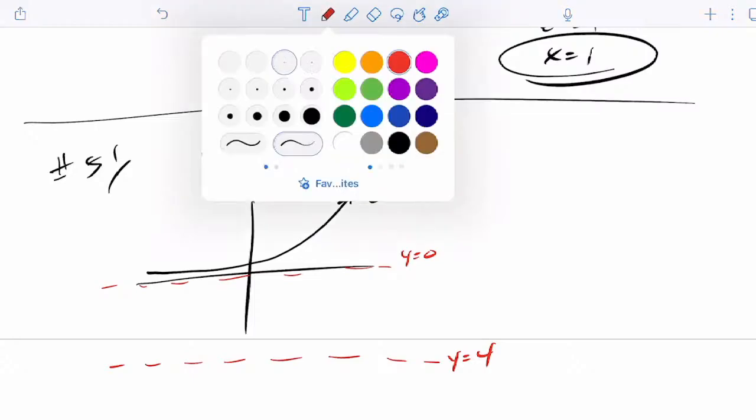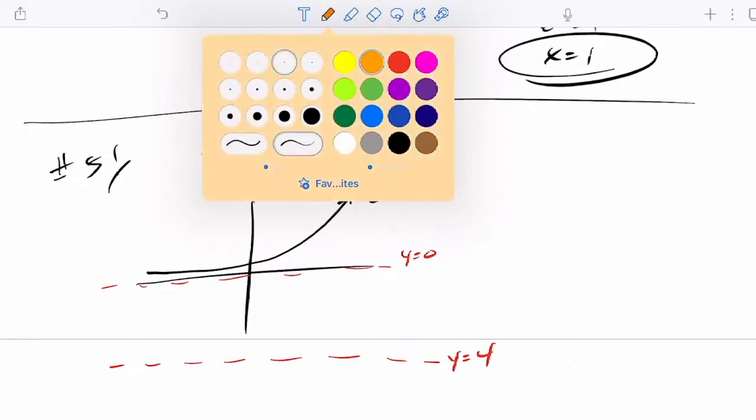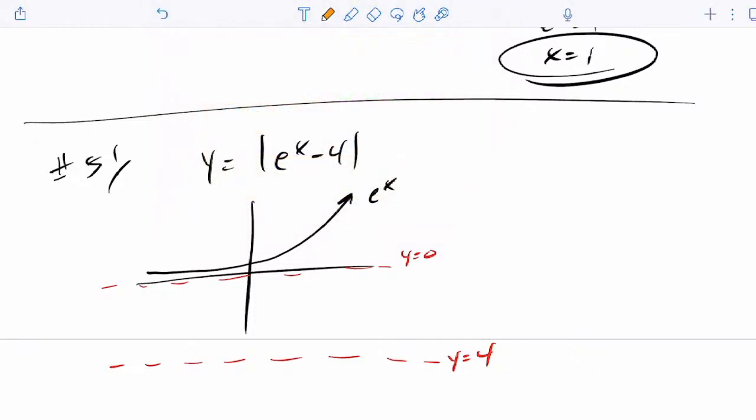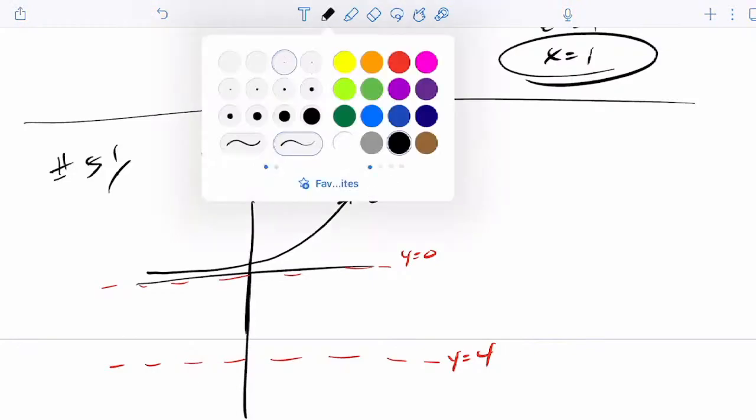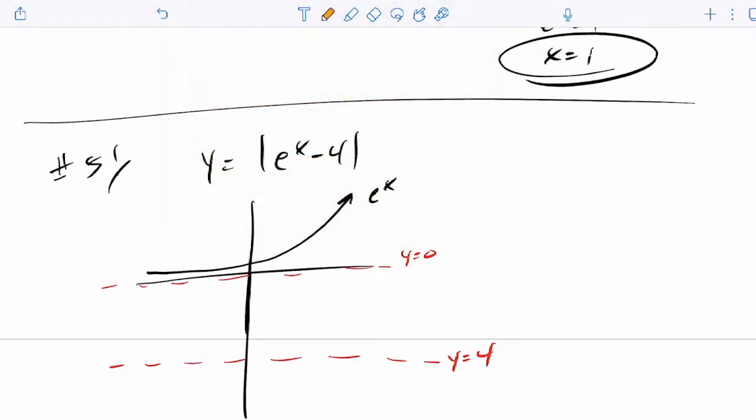To graph e to the x minus 4 first, it's going to go down.